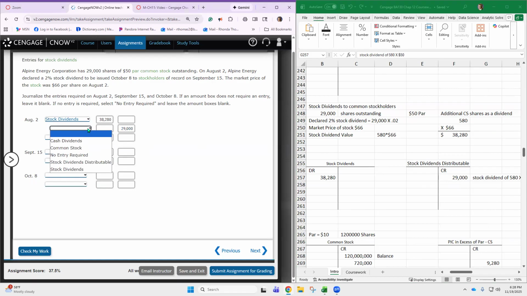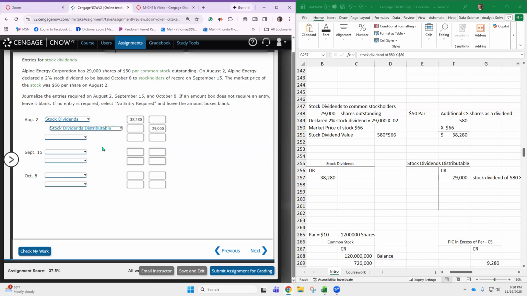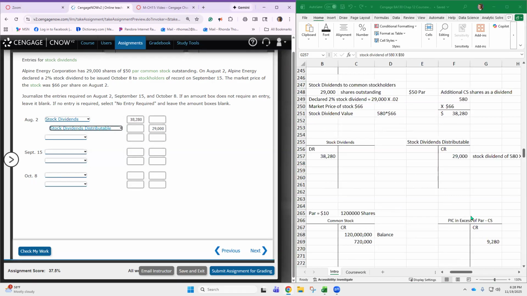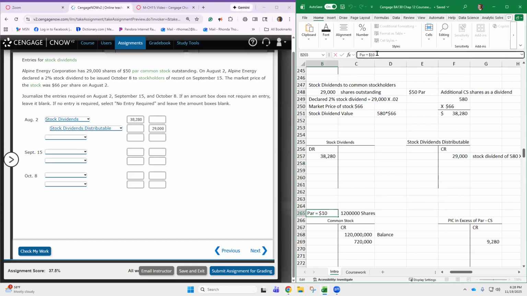So that is going to go in dividends distributable, and once again, that par is $50, and the extra shares are 580 for my problem. Remember the market price? The market price for me is $66. That's $16 more.